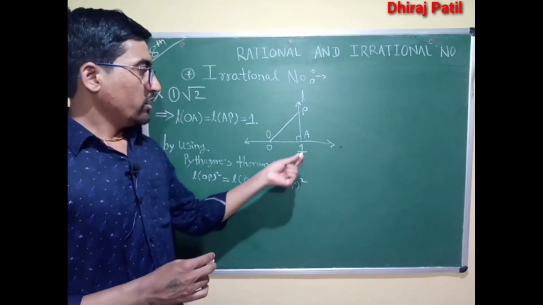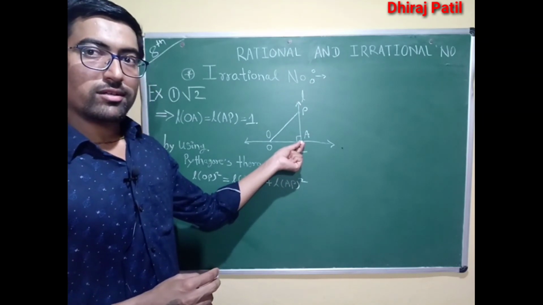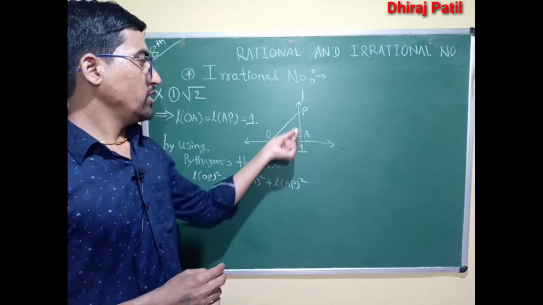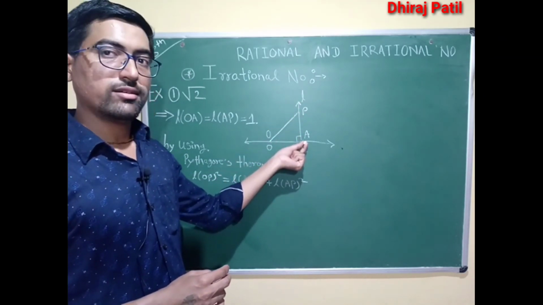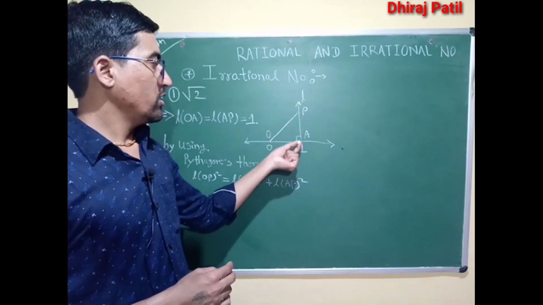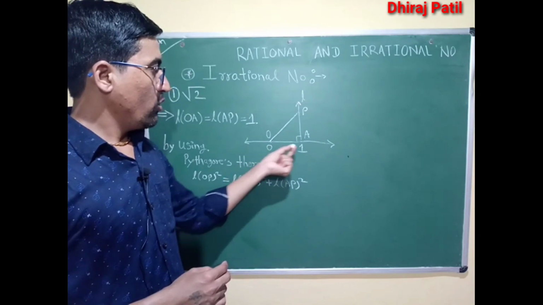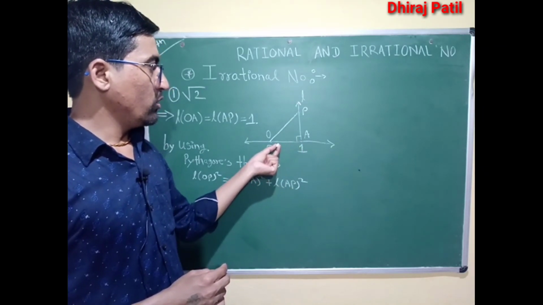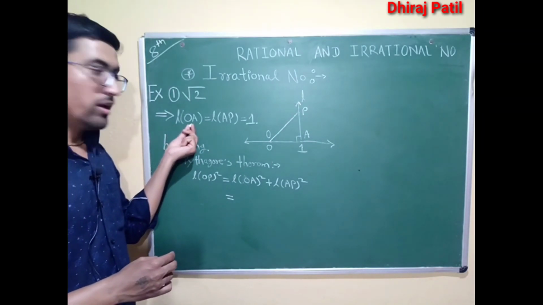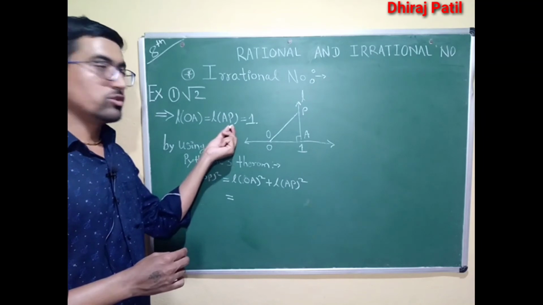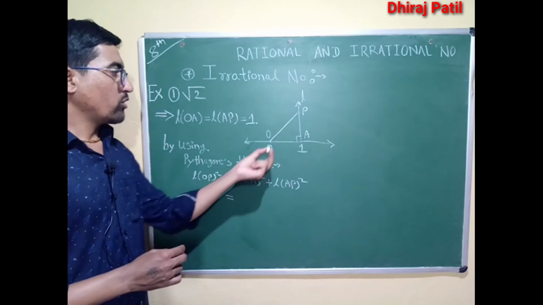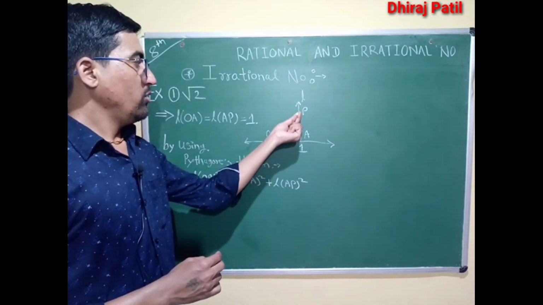From point A, I have to take a line L in such a way that line L is perpendicular to our number line, and we have to take a point P on the line in such a way that OA equals AP. It means the length of OA equals the length of AP, which is equal to 1. So by using Pythagoras theorem, I have to calculate the OP value.